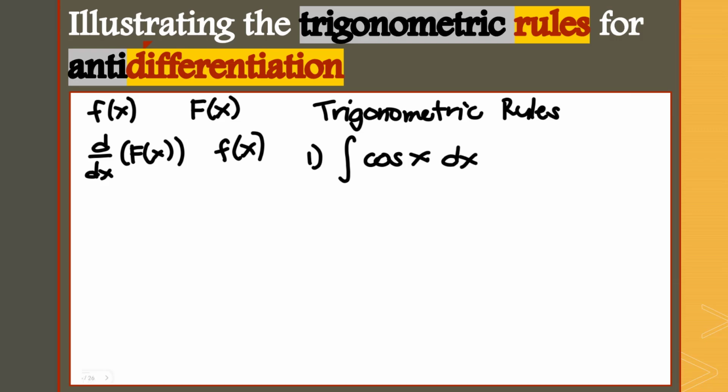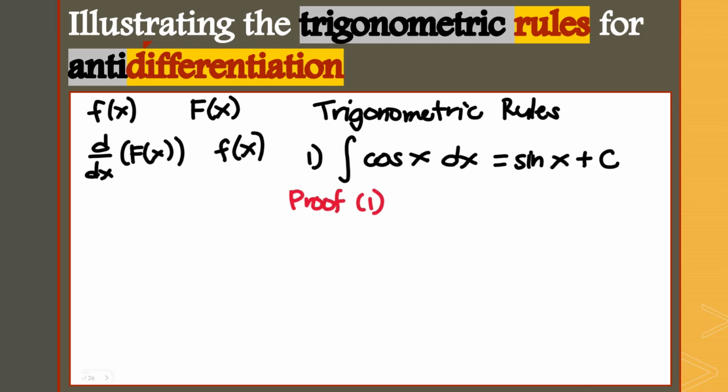This is equivalent to sine of x plus c. That would be the first rule that we are going to show here, so that we will be able to use them later on. Take note that if I talk about derivatives, the derivative of sine is cosine. So let's show that this is true. We'll have here the proof for our first rule.